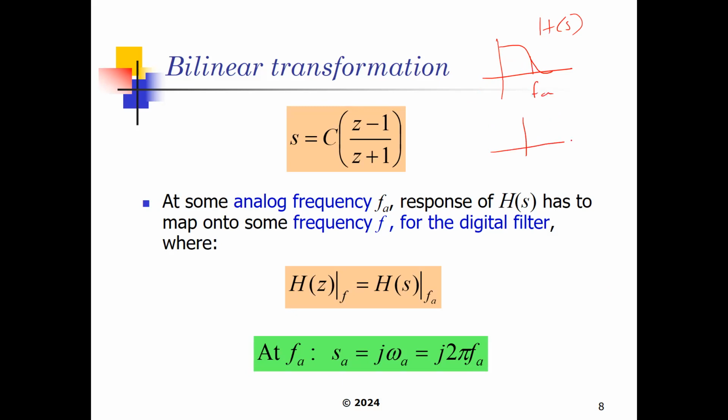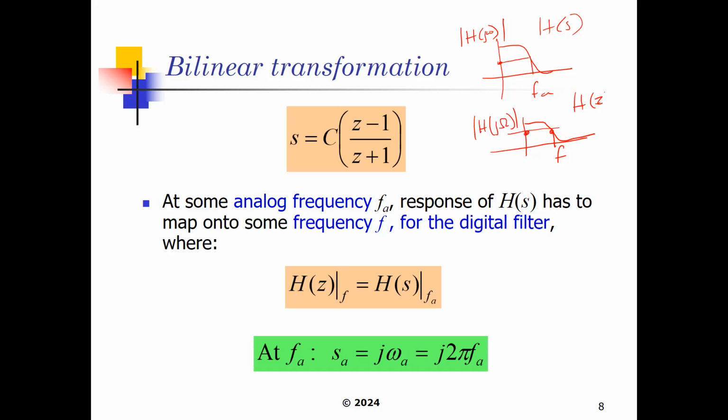What I want to make is H(z), and whatever H(z) does, the response at f here and this response will be the same. Remember, this is the magnitude of H(j omega), and this will be the magnitude of H(j big omega). Okay, that is the idea.